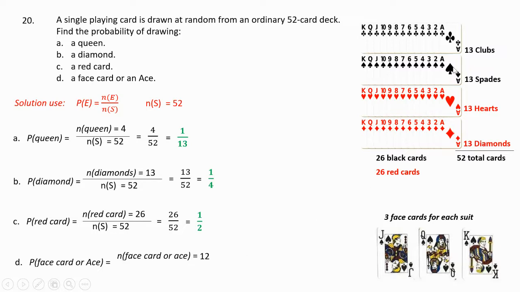Right, there's also 1 ace for each suit, so it's going to be 4 aces over 52. So it's going to give us 16 over 52, and you reduce it to 4 over 13. So this is the answer. Okay. And I believe some instructors might give you more of these types of problems with cards, but this will give you an idea of how to work them out.